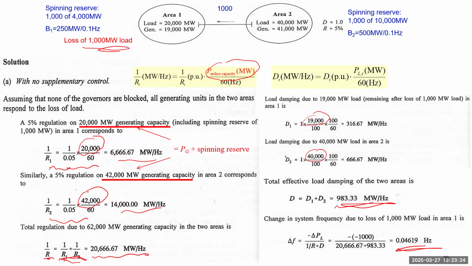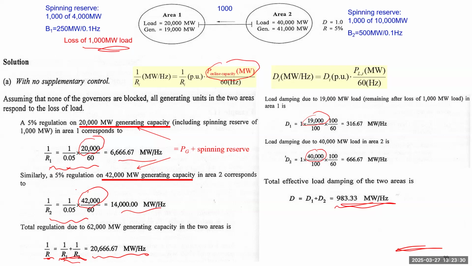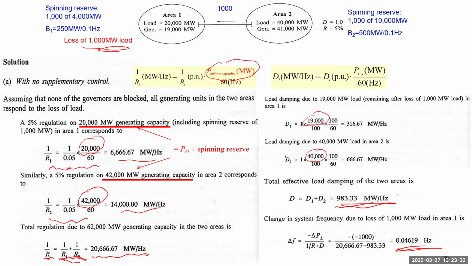Any question? The 4,000 megawatt, that's from the problem. That means there's a 1,000 megawatt spinning reserve. A spinning reserve is the room for all the generators in AGC. So those generators' total capacity will be 4,000.